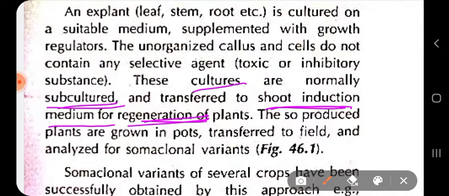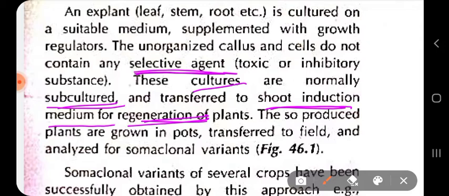Whether you want them to be selectively resistant to certain toxic chemicals or inhibitors, that type of selective agents are not given here. That is why it is written without in vitro selection. We are not using any selective agent in this tissue culture medium.